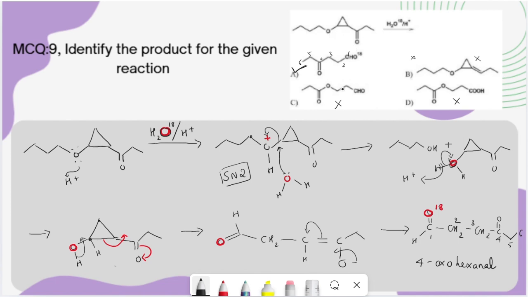Not possible, right? Then the third one, the labeled oxygen is given. That means it has to react with our molecule. And you see in options B, C, D, there is no labeled oxygen. That means it has to be option A. These are the 3 ways. And if you're still not sure, you can do the series of reactions quickly and check what might be the answer. So by that way, you can solve this question under 1 minute.